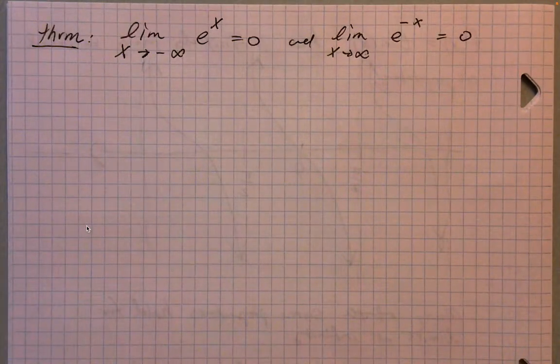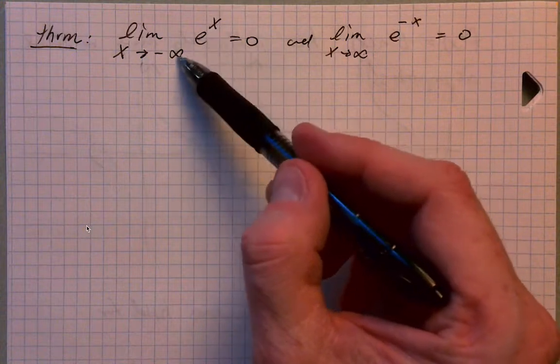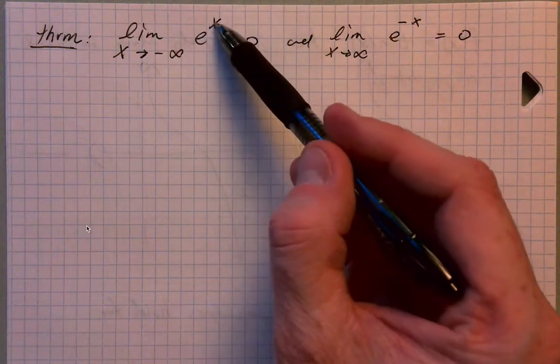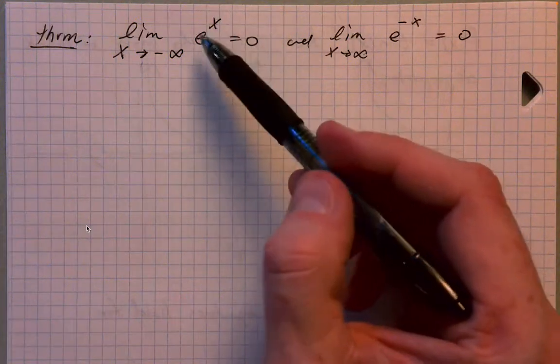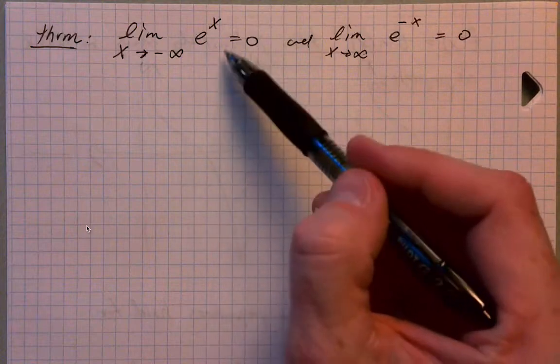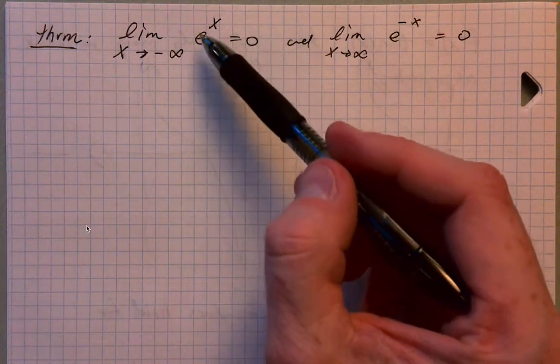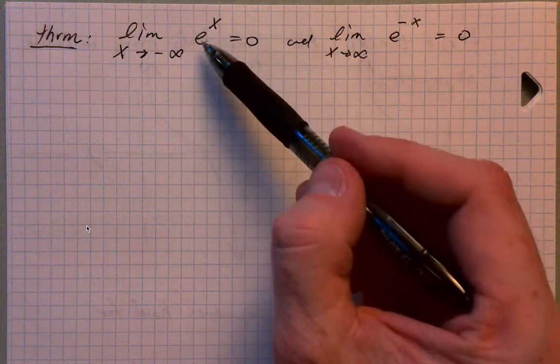Okay, so the idea here would be, if I plug in some negative value for x, I evaluate e to some negative exponent, then I'm dividing 1 over whatever e raised to the exponent happens to be, right? And so as that denominator grows, okay, hold on.